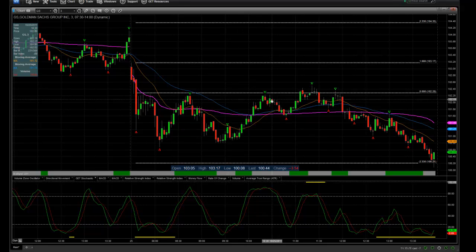So it comes up, pulls back a little bit right into these moving averages and the volume weighted average price. And this is the kind of setup I look for when I'm looking at opening ranges. You show some strength, you come back and retest, you pull back, and your stochastics gets oversold.